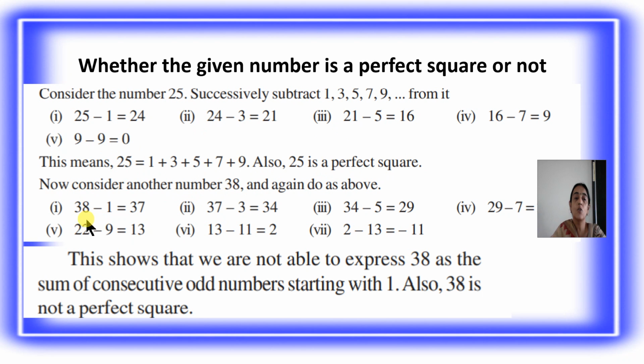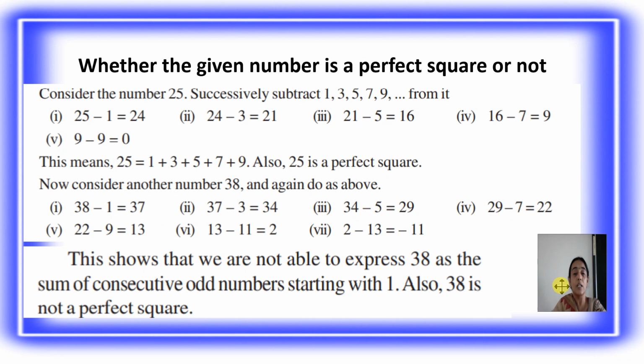So here I will successively subtract the odd numbers. 38 minus 1 is equal to 37. 37 minus 3 is equal to 34. 34 minus 5 is equal to 29. 29 minus 7 is equal to 22. And 22 minus 9 is equal to 13. 13 minus 11 is equal to 2. And 2 minus 13 is equal to minus 11.